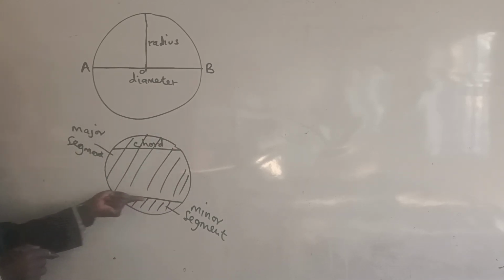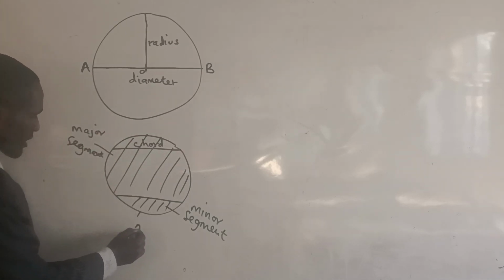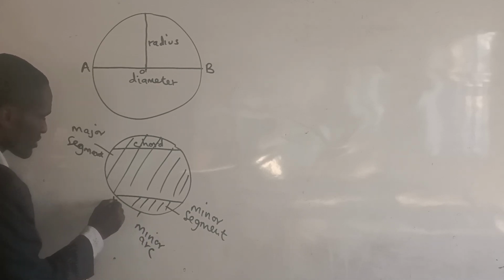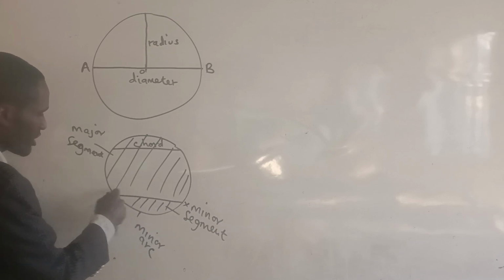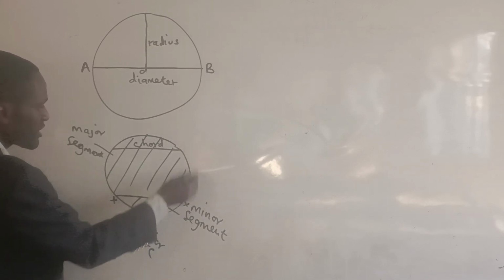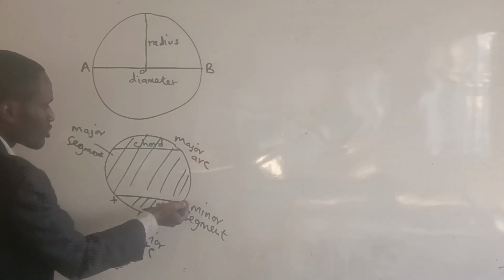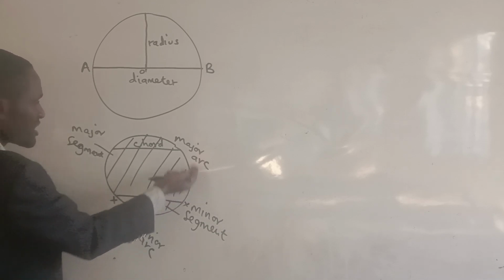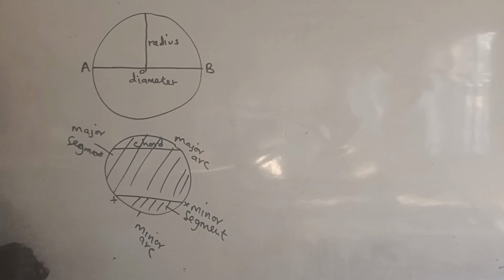Between this chord and this arc is the minor arc, because it is smaller, and this chord forms the minor segment. This major arc, between this chord and this major arc, forms what you call the major segment. This one here.